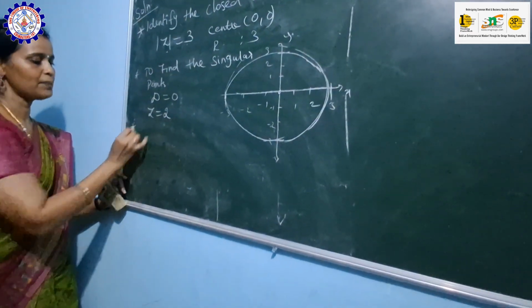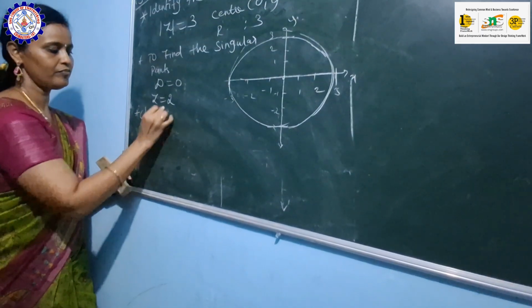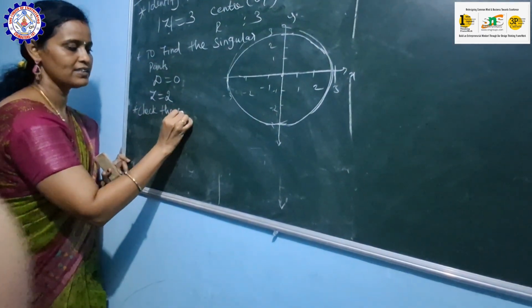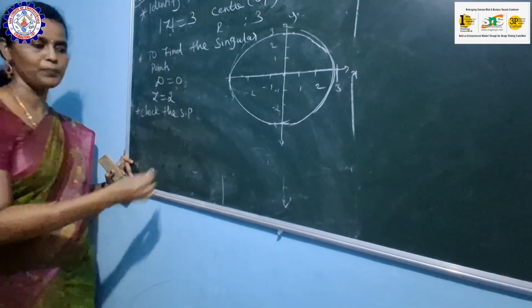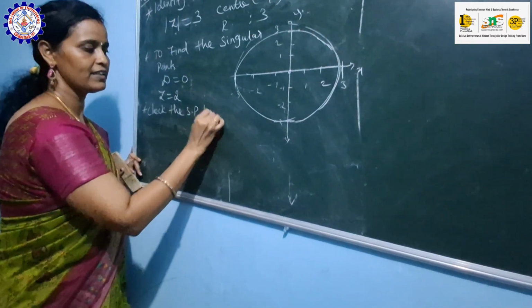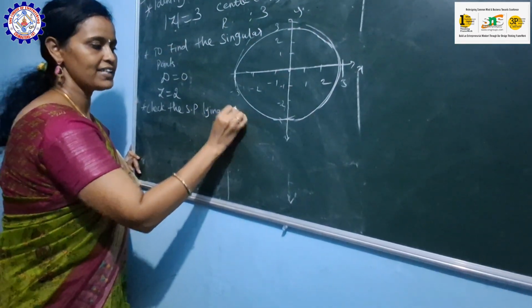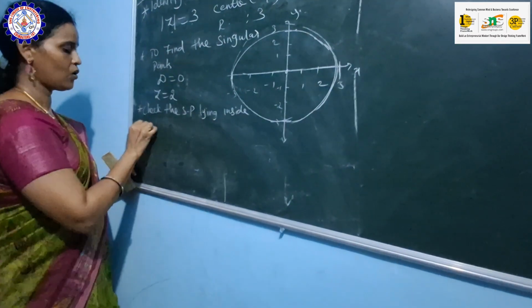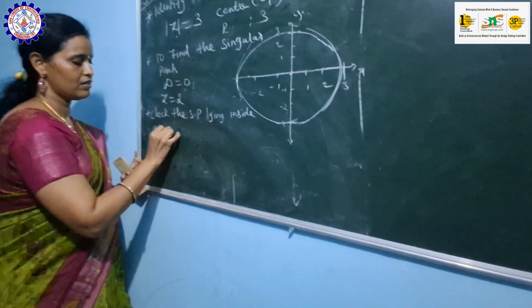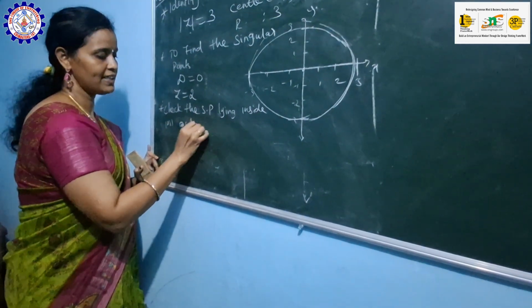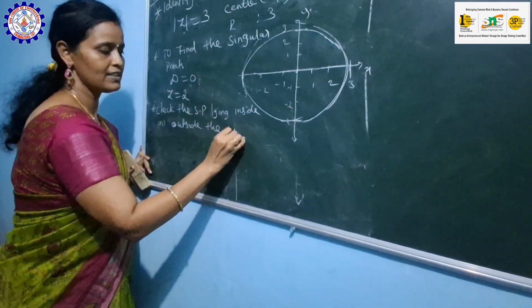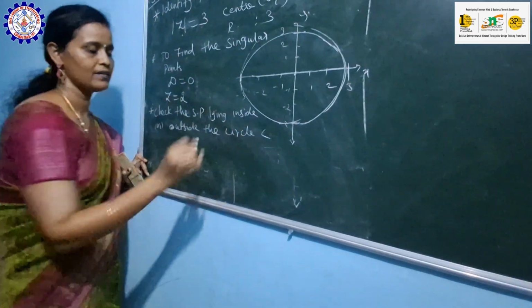Next, third step, check whether the singular point lies inside or outside the circle C.